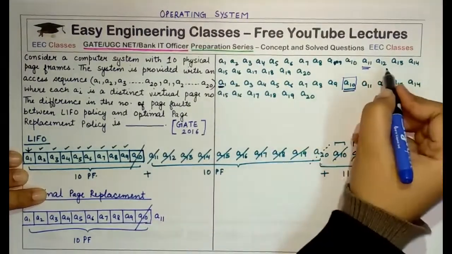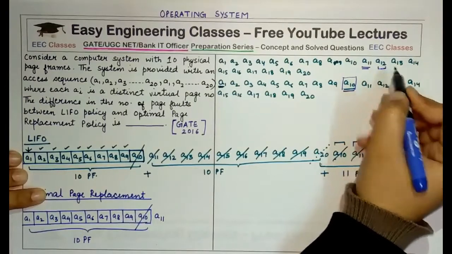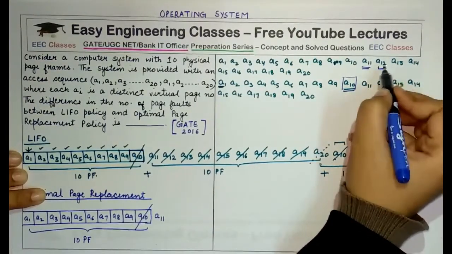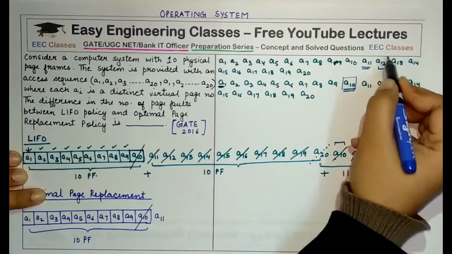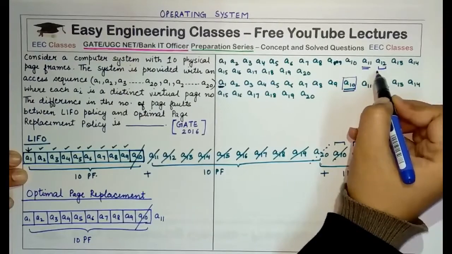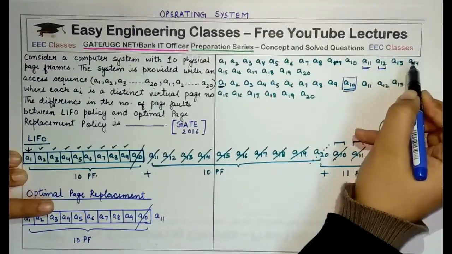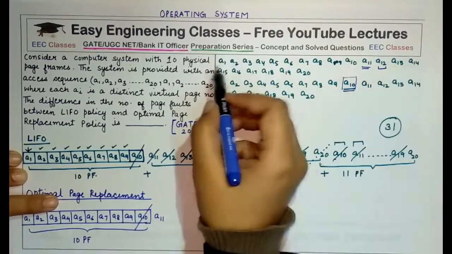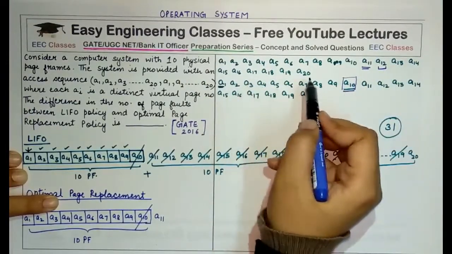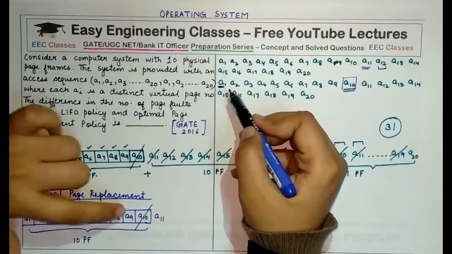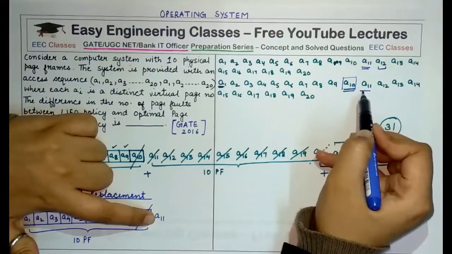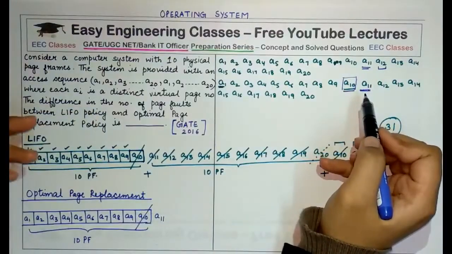Again, when I have to put this A12, don't confuse it with these set of A11 and A12. We are first putting the first sequence only. So now I have to put page A12. I again see in the future, towards the right-hand side of the sequence, and I see that out of A1 to A9 and A11, A11 would be the page required at the farthest point of time.